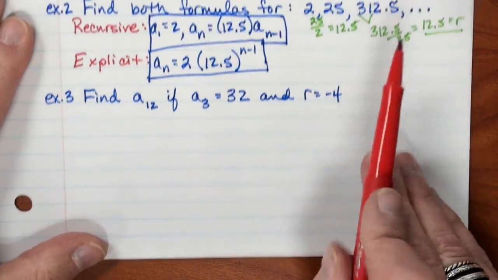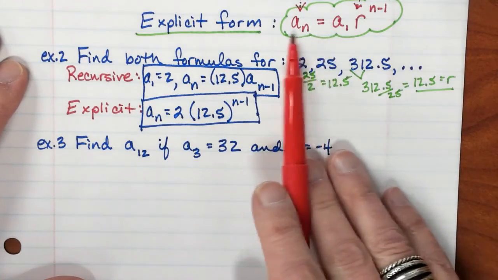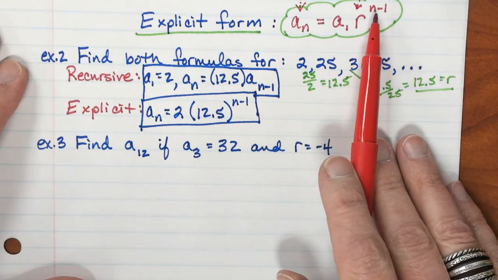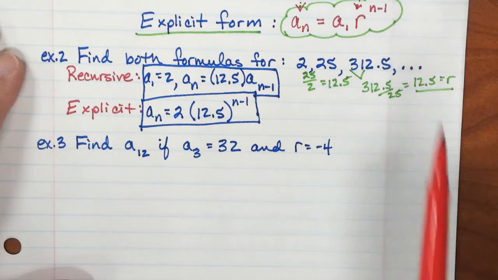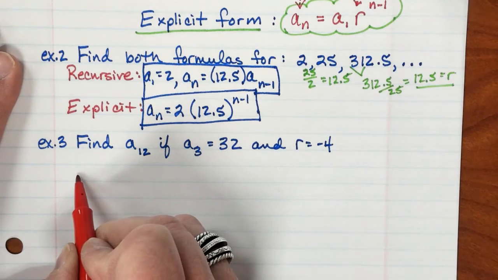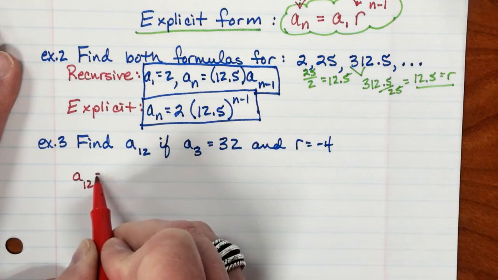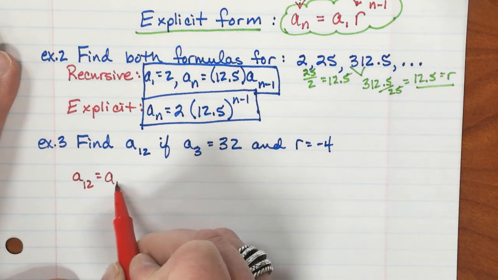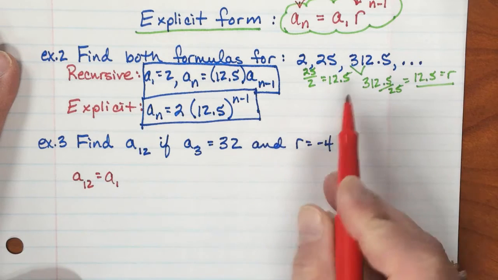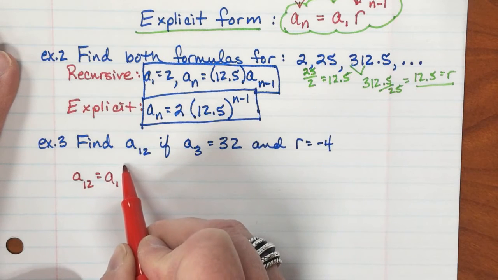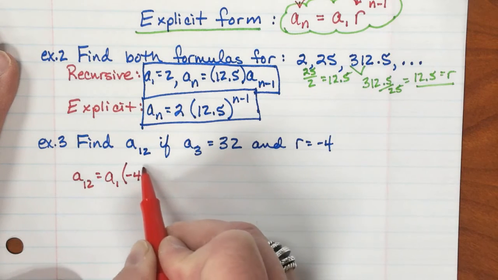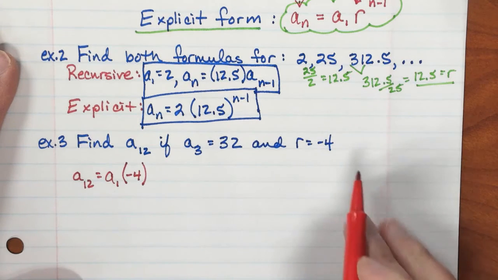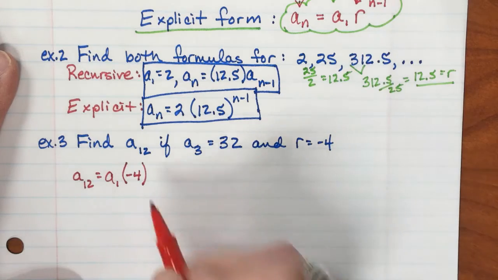Because look back up at this formula right here. Fine, you want me to find a sub 12. I'm going to have 12 here. So a sub 12 is going to equal the first term times r, which is negative 4, to the 12 minus 1.